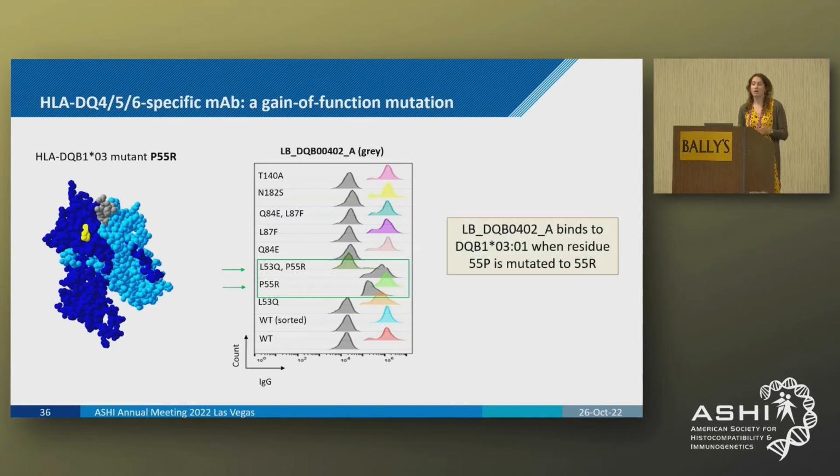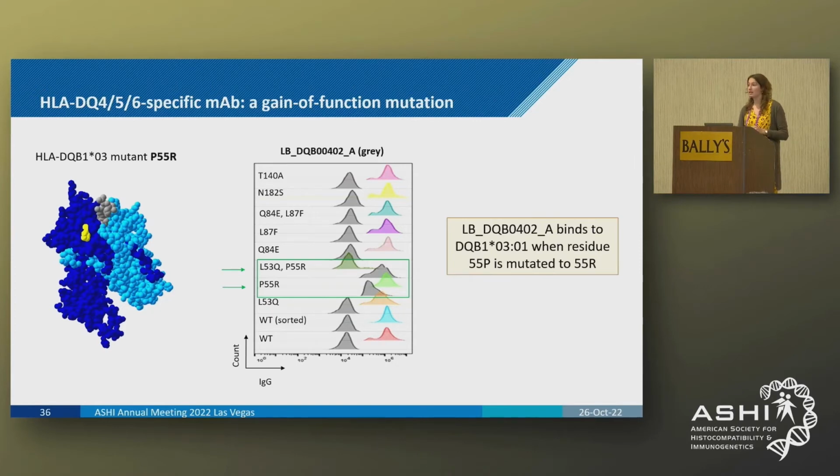So this is really interesting data, I think, that a monoclonal antibody that's specific for DQ456, where we think that position 55R is really a crucial amino acid, we can actually make it bind to a DQ3 molecule when only one position is mutated.